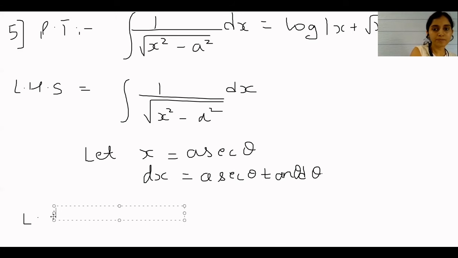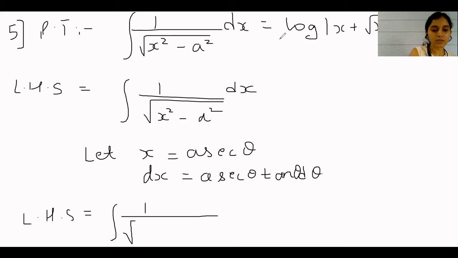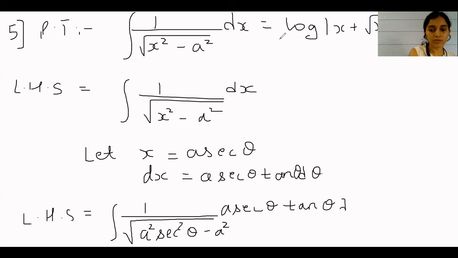So left hand side is equal to integration of 1 upon root of, x is a sec theta, so a square sec square theta minus a square, dx is a sec theta tan theta d theta. Now in the denominator, root of a square is common. You take it out and you get 1 upon a.